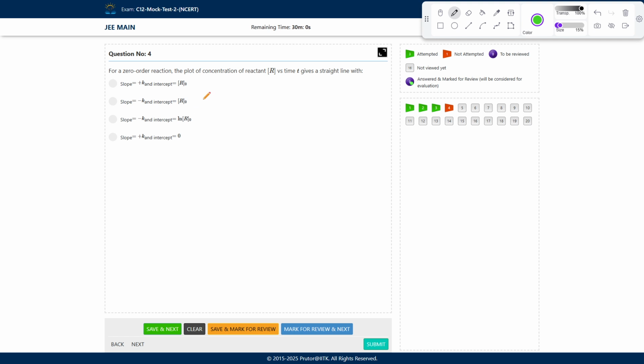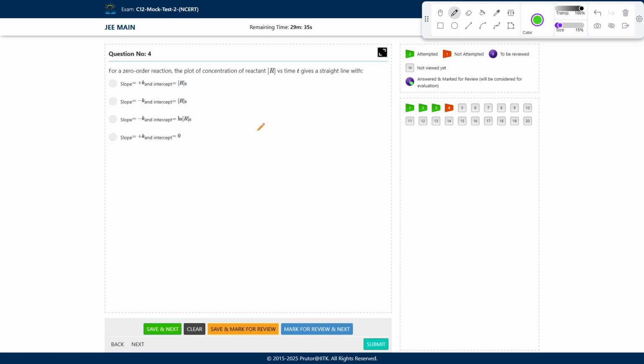Now the slope is going to be between the concentration of the reactant and time. So basically for a zero order reaction, the concentration of the reactant has no such significance, okay, the concentration of the reactant is not going to affect the rate of the zero order reaction, right?